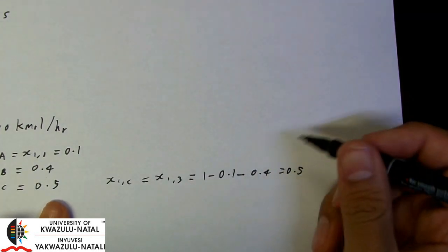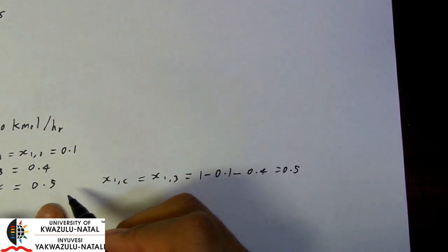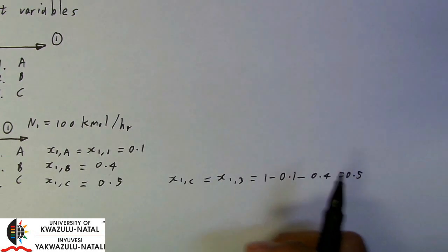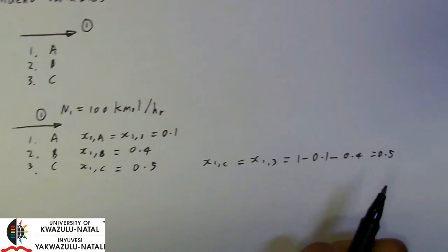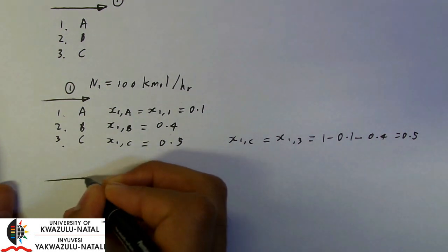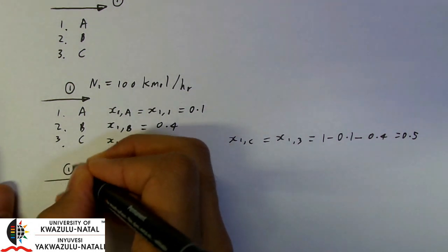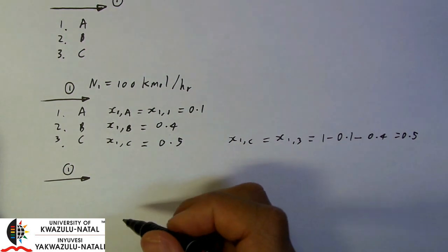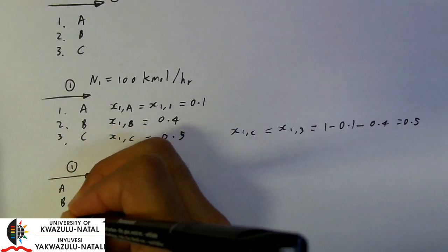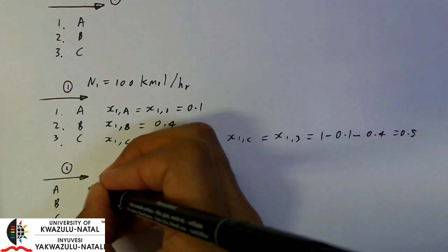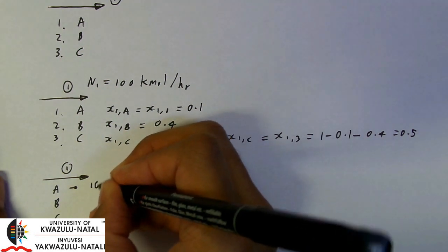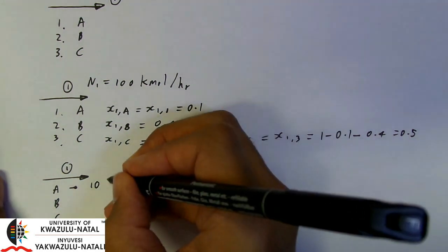So it was quite unnecessary for them to give us this composition because it was very easily calculated. Let's consider another scenario for stream 1. In this scenario we have A, B and C, and let's say they told us that the flow rate of A is 10 kilomoles per hour.